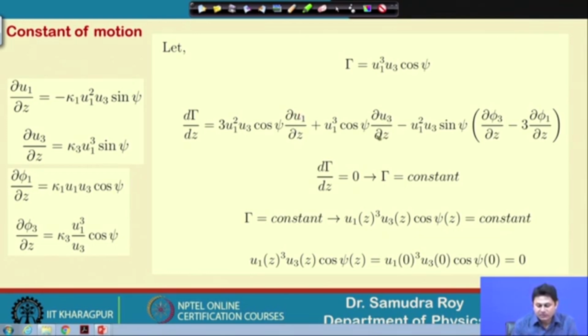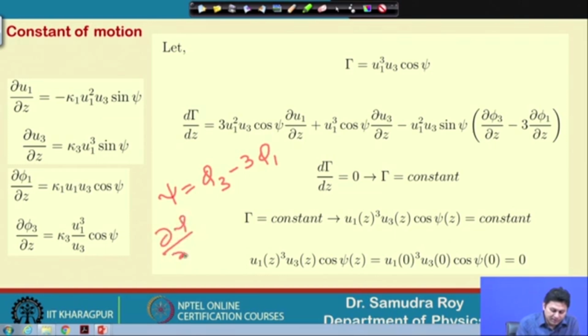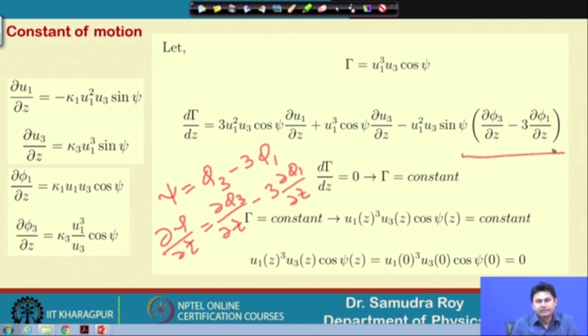Second term is the derivative corresponding to u3, and third is the derivative corresponding to psi. So, psi is equal to phi 3 minus 3 phi 1. So, obviously, del psi del z can be represented as del phi 3 del z minus 3 del phi 1 del z.